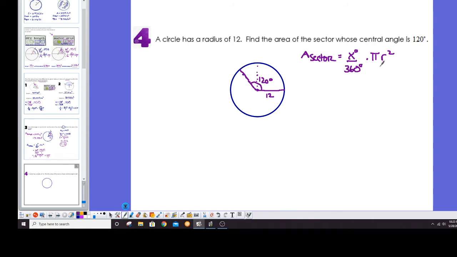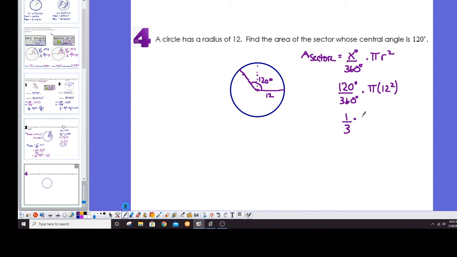Okay, well, I have the radius and I have the part to whole. I have everything I need. I just need to plug it in. So 120 over 360 part to whole times pi r squared. No problem. 120 over 360 is 1/3 because 120 goes into 360 3 times.